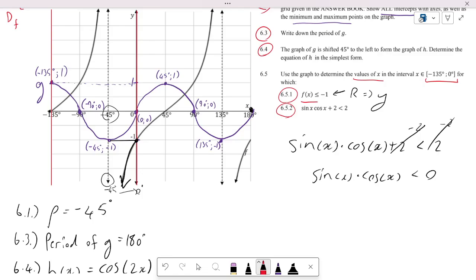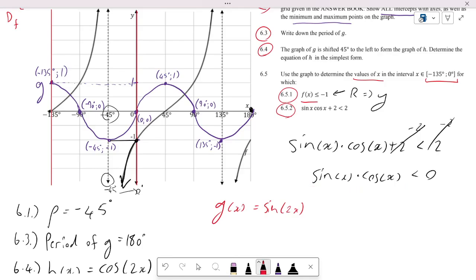So if you can remember, the one graph that we had was g of x, which is equal to the double angle sine of x, sine of 2x. And what we see over here, if we were to recognize this, we are just missing a 2, and then that would give us a double angle of sine.